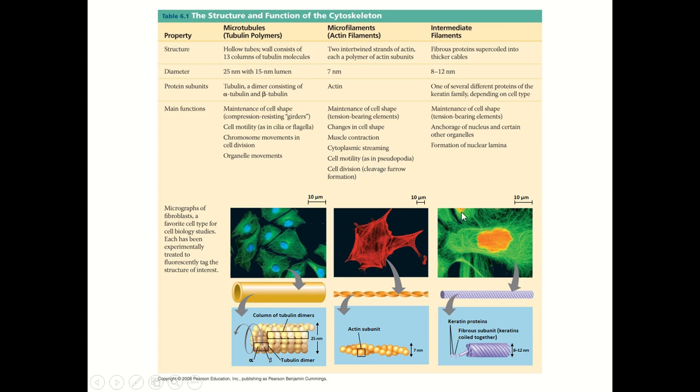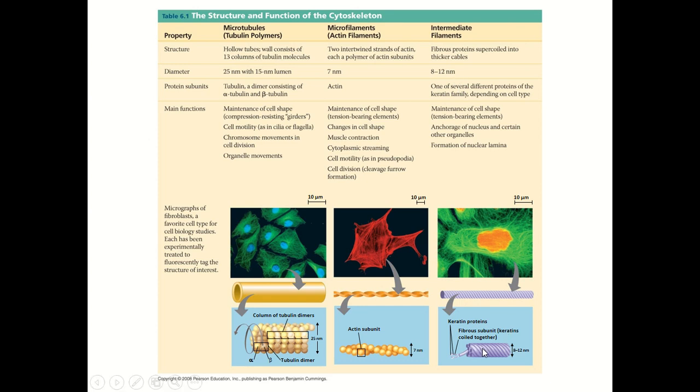And last but not least, we have intermediate filament, the fibers. These are proteins supercoiled into thicker cables. It does not have a hollow, and its diameter is about 8 to 12 nanometers.